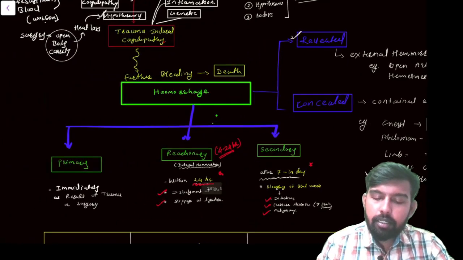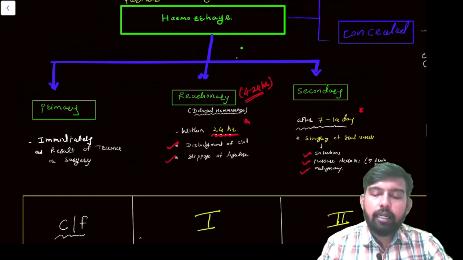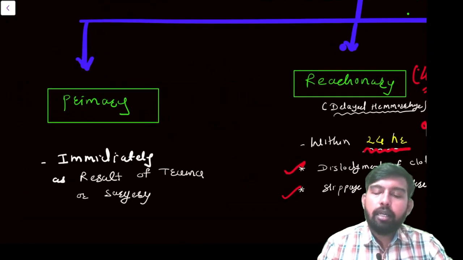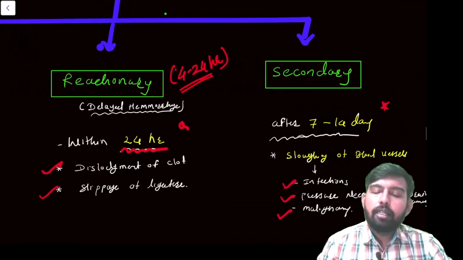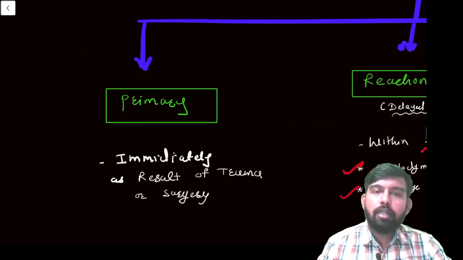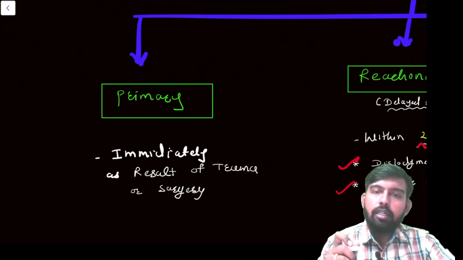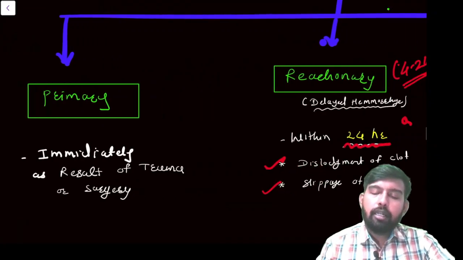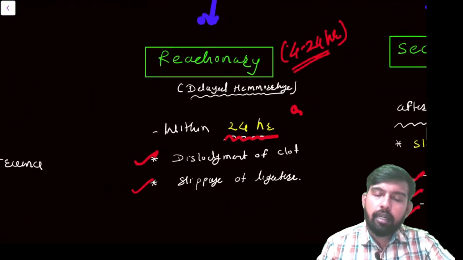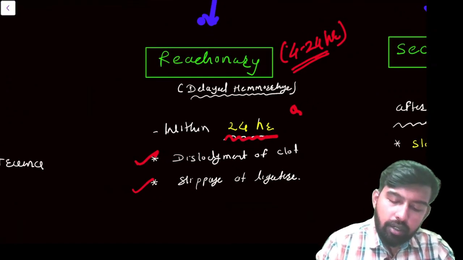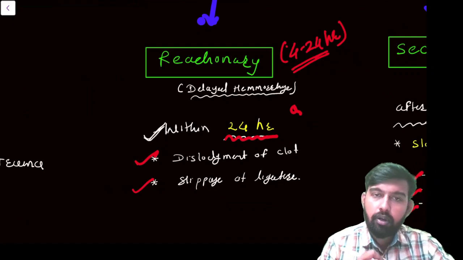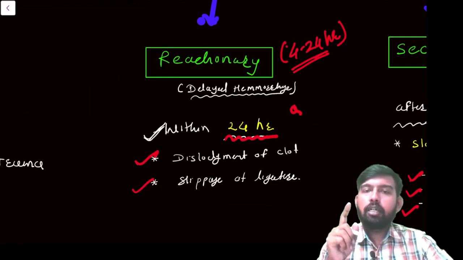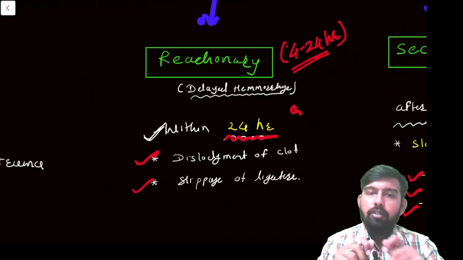Another classification depends upon the time at which the hemorrhage occurs. It could be a primary hemorrhage, a reactionary hemorrhage, or a secondary hemorrhage. Primary hemorrhage is during the surgery or immediately at the time of the trauma, and reactionary hemorrhage is a delayed type of hemorrhage which occurs within 24 hours after the surgery or trauma, and this could be due to dislodgement of the clot or slippage of the ligature.